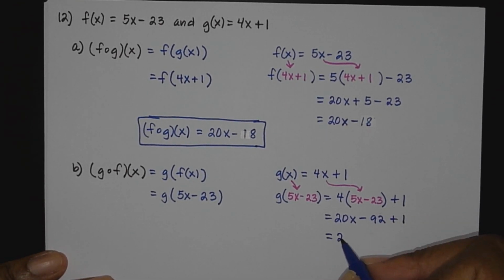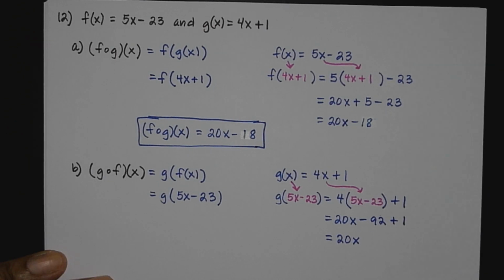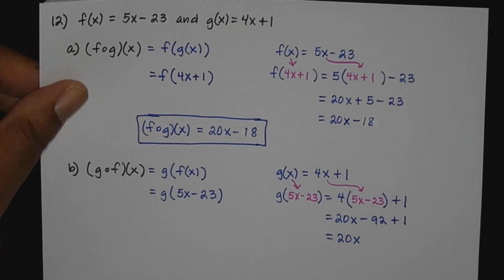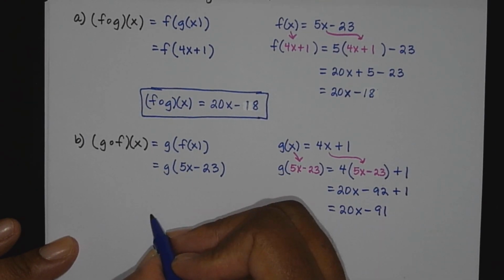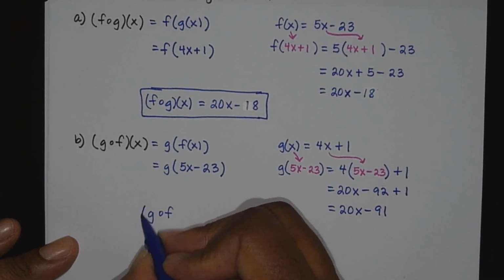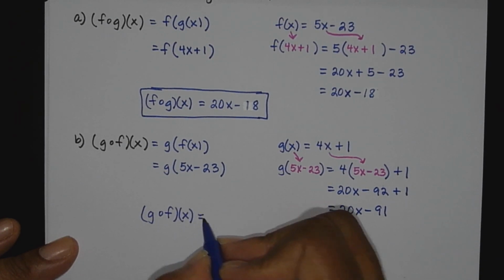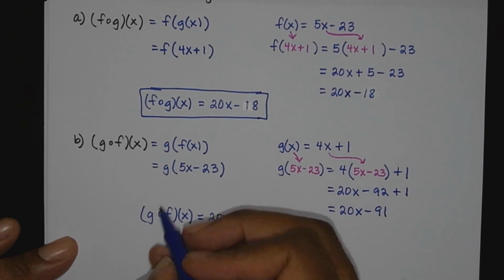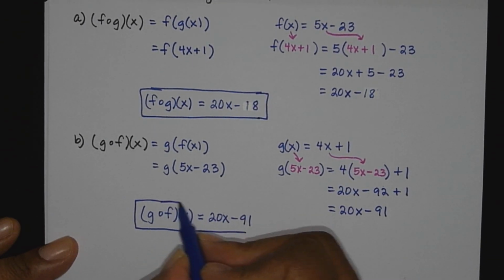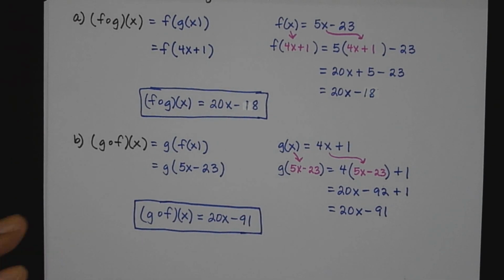And then if I bring that 20x down, negative 92 plus 1 will be... so the composition of g with f of x is equal to 20x minus 91. Okay. Any questions about problem number 12?